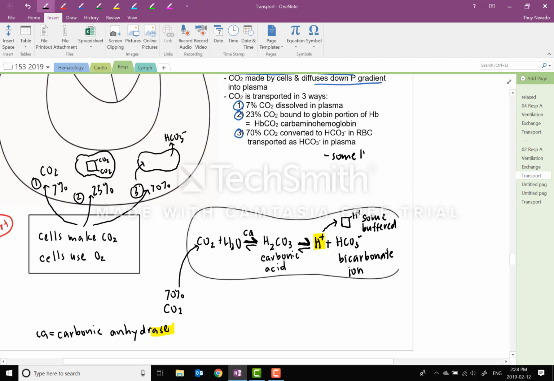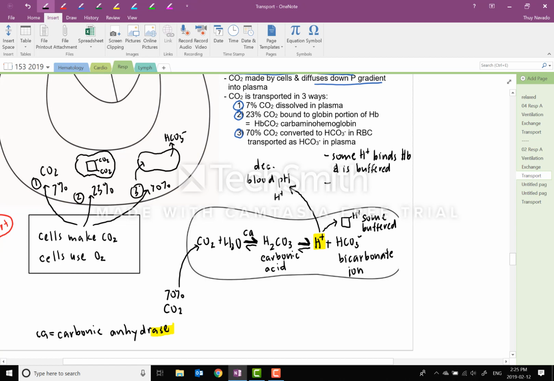Some hydrogen binds hemoglobin and is buffered. And that's great because anything that doesn't bind hemoglobin would actually leave the red blood cell, and it can decrease blood pH and affect pH levels, because that's what hydrogen ions do.